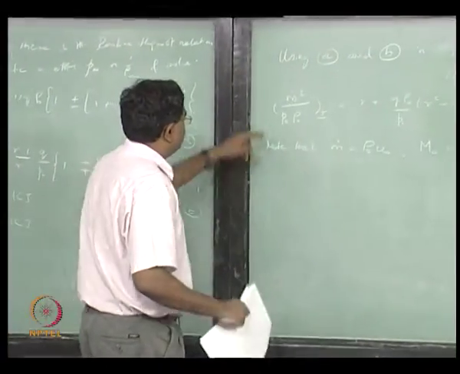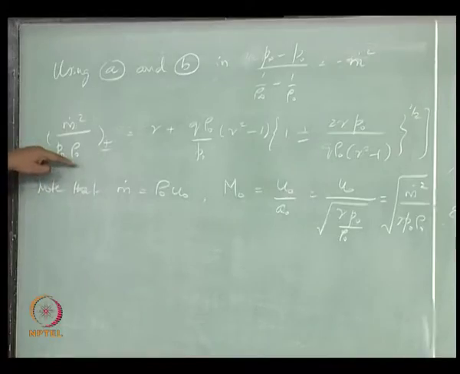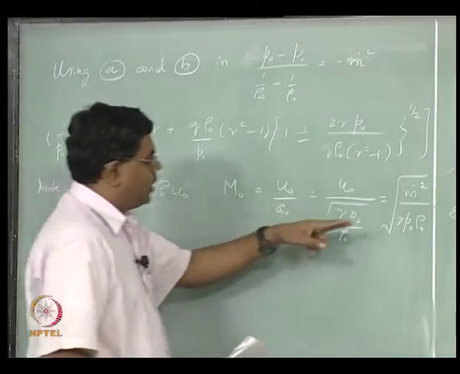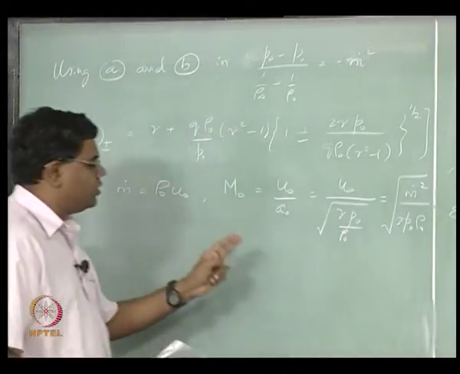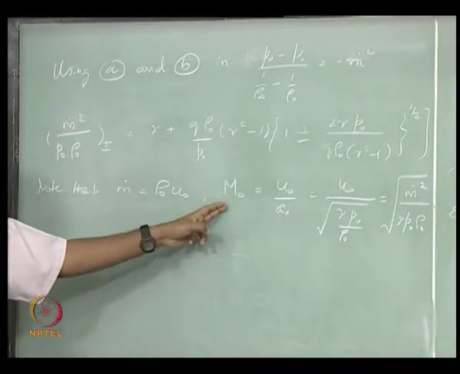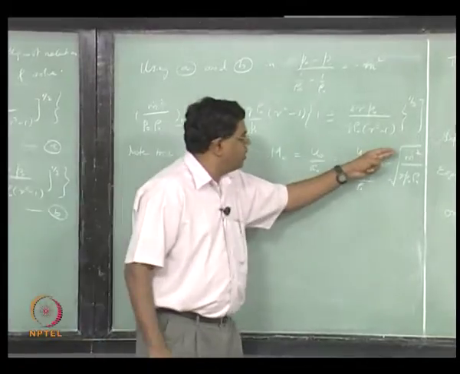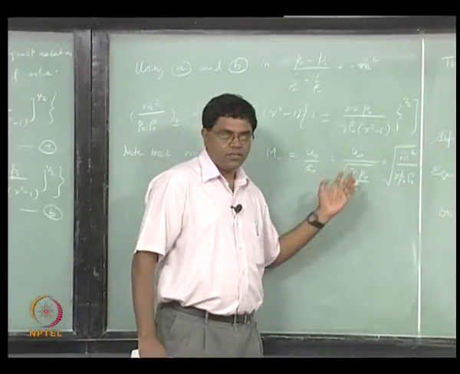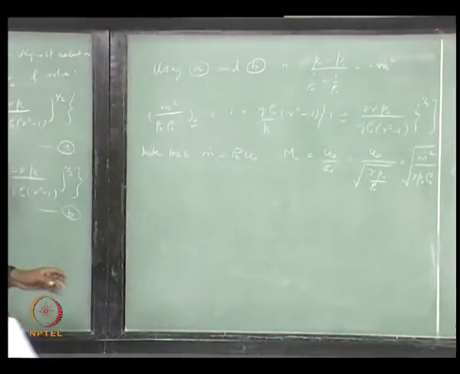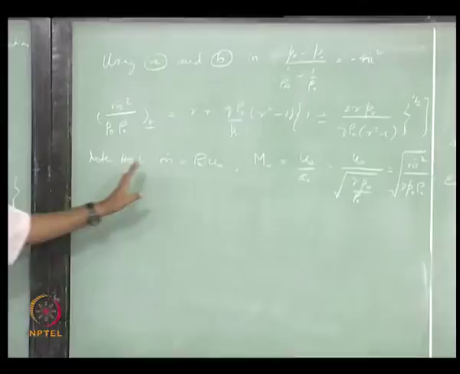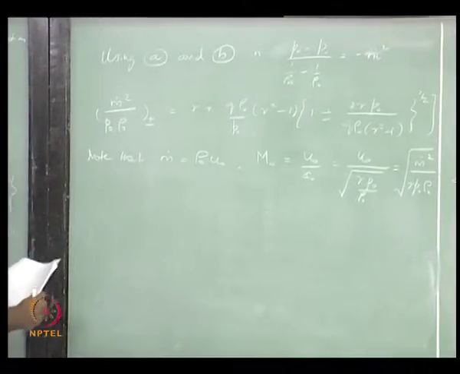So we had m dot squared by p naught rho naught, and the Mach number squared M naught squared is m dot squared divided by gamma p naught rho naught. This is something basic, nothing particular about whatever we are doing. It is just putting these things together, right?